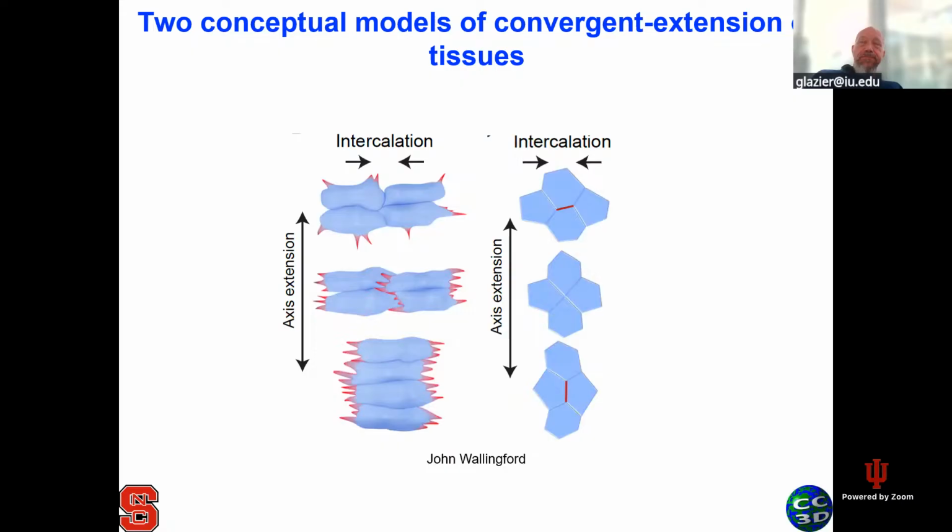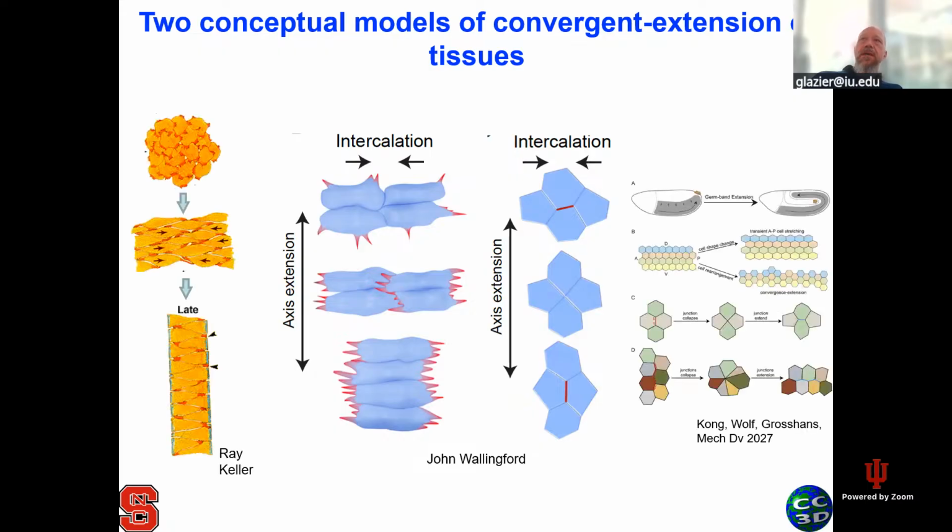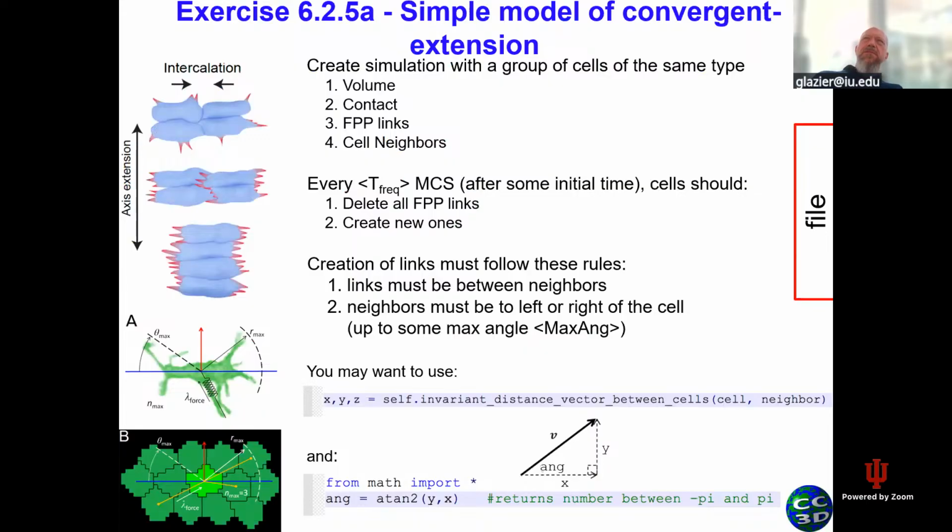Initially it looks surprising, but the reason they're elongated is because they're pulling. At the end of each cell there are filopodia that are pulling on the neighbors, and that's what's stretching the cell. And that is a pretty universal thing to do.